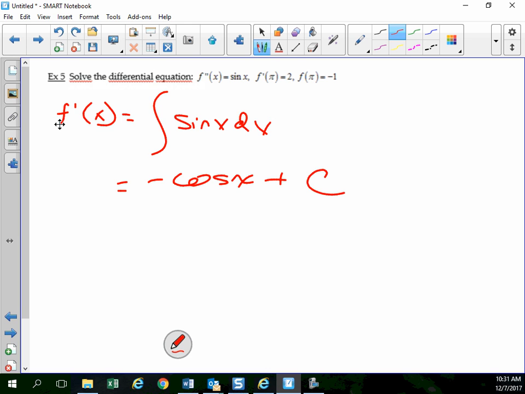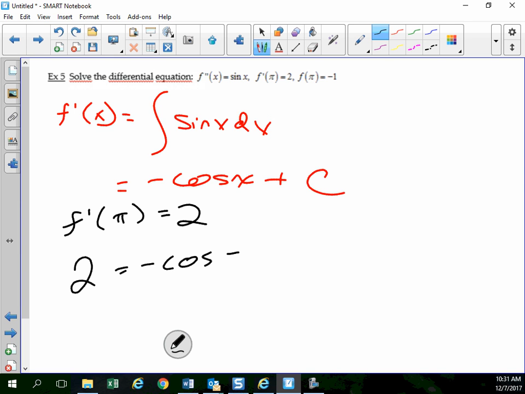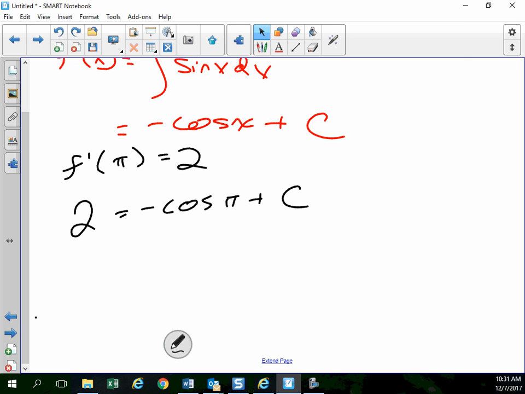Negative cosine x plus c. So the derivative of negative cosine is sine, so we're good there. Now what's next? Plug in pi, because I tell you f prime of pi is 2. So 2 equals negative cosine of pi plus c. What's the cosine of pi? Negative 1.